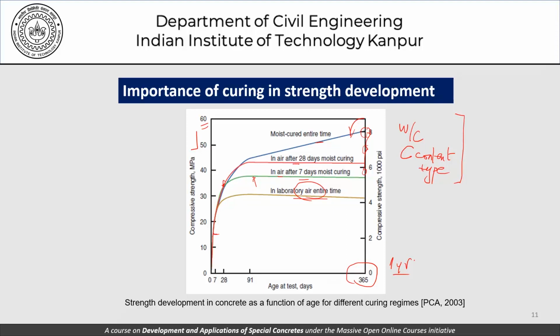From here onwards to this point, this strength development is happening in air. But if it was moist cured for 28 days, the strength development is still there, as we can see here. So that shows you the importance of maintaining a favorable environment around the concrete to facilitate development of strength.